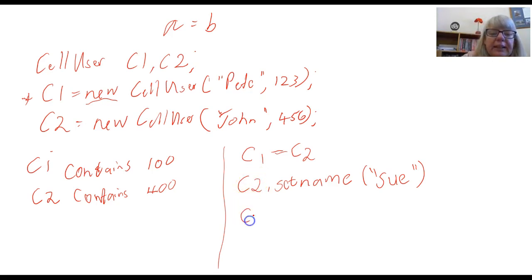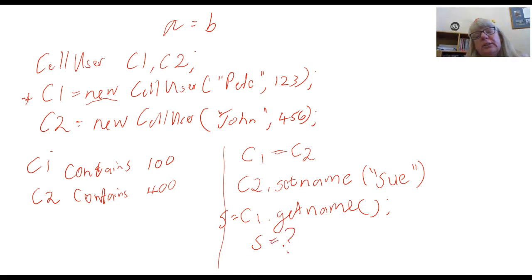If I say now C1 get name, and let's just assign it to S, and I say what is in S? What would you say? Most of you would say Pete. Is it Pete? No. It is Sue. The question is why.